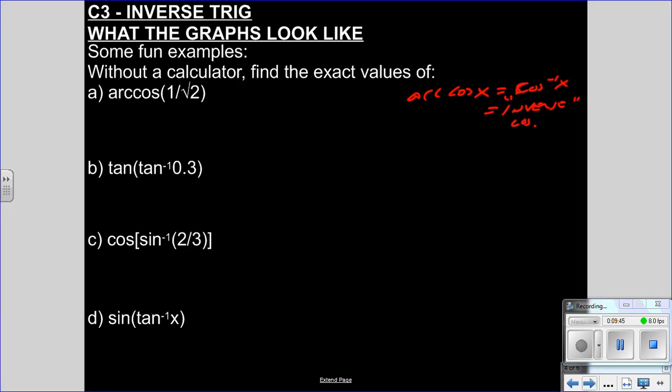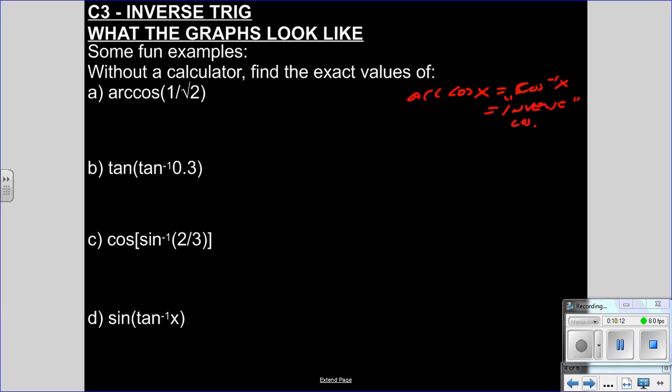Sorry, I've just done it the wrong way around. So cos says, give me the angle, and I will give you the adjacent over the hypotenuse. Sine says, give me the angle, and I'll give you the opposite over the hypotenuse.